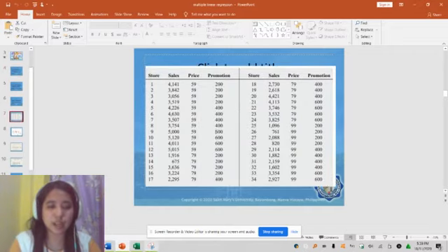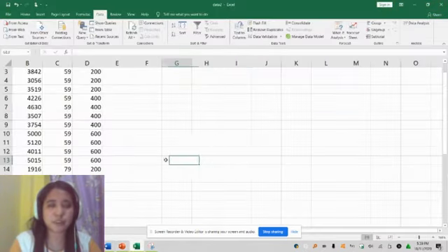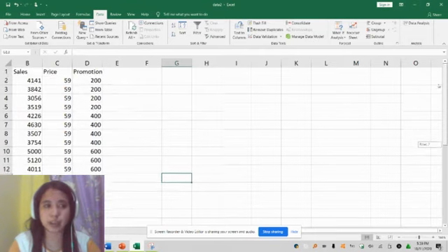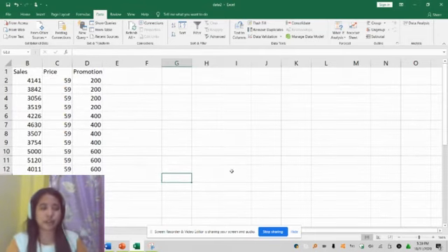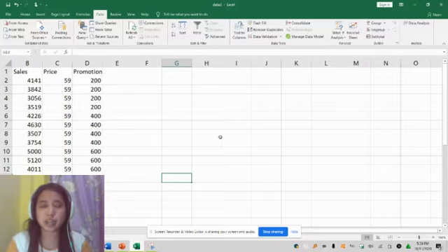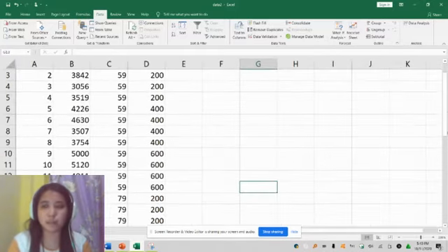So I just transferred this by encoding it in Microsoft Excel. The first column here is the sales. The second column is the price, and the third column is the promotion.